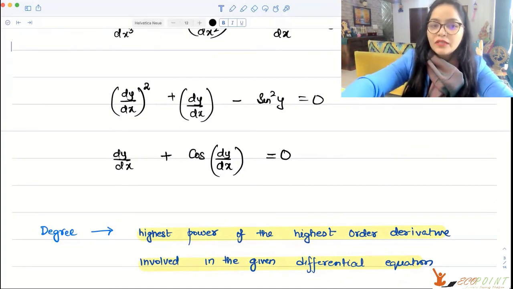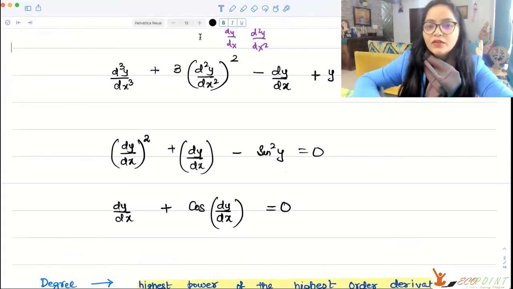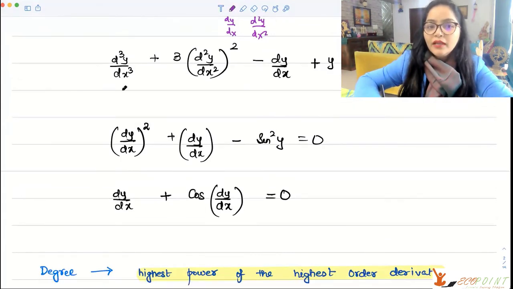It is d cube y by dx cube. That's the highest; d2y upon dx squared is not the highest. Here, the power of this is just 1. This is the highest order of derivative involved in the equation, and the power of that is just 1. So the degree is just 1.